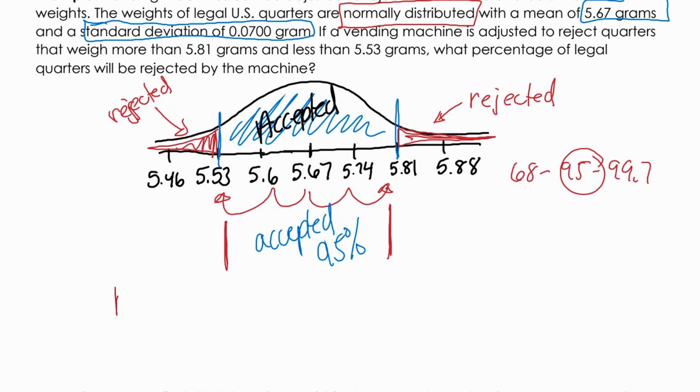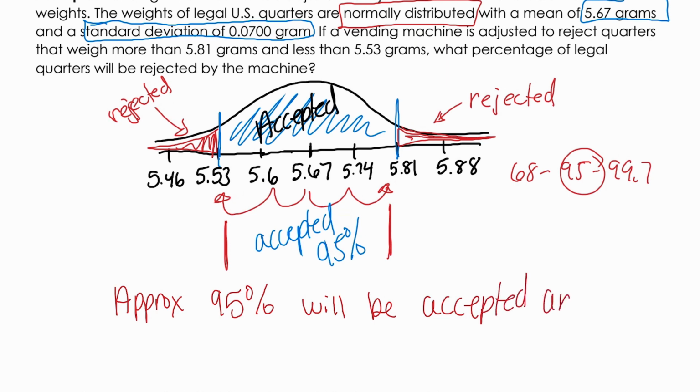So the answer to this is approximately 95% will be accepted and 5% will be rejected.